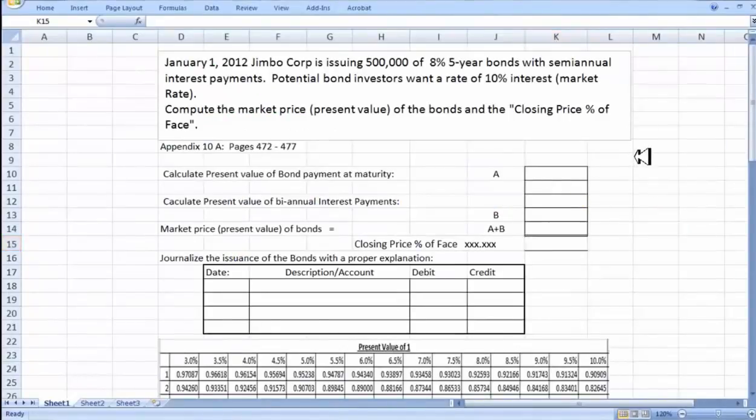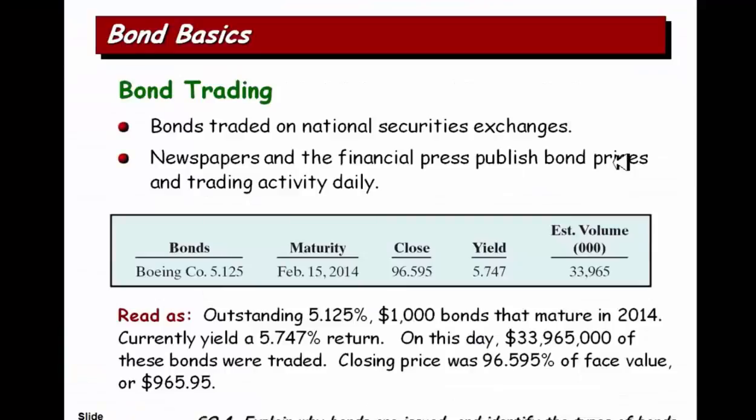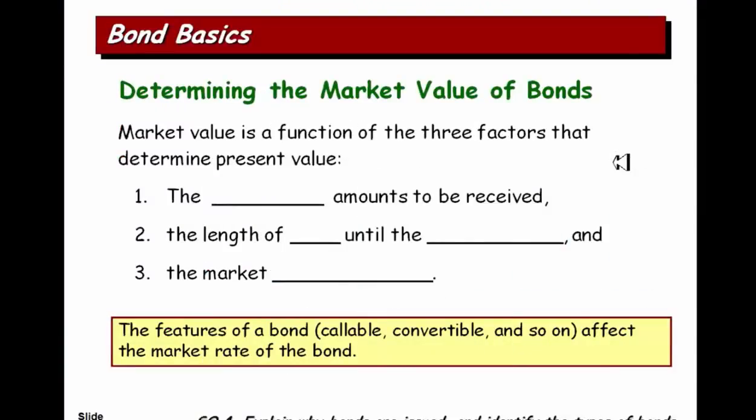So here's the question: in determining the market value of bonds, it's a function of three factors that determine its present value. We've got the dollar amounts to be received, the length of time until the payments are received, and what the market rate of interest is.